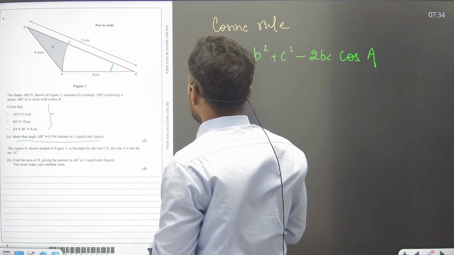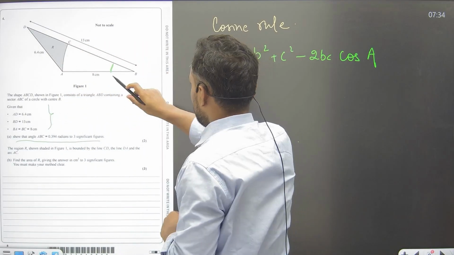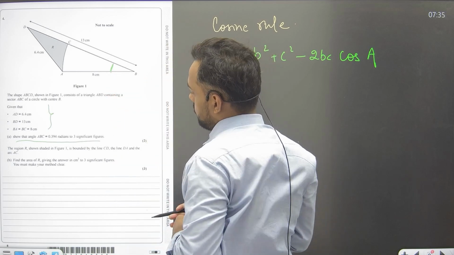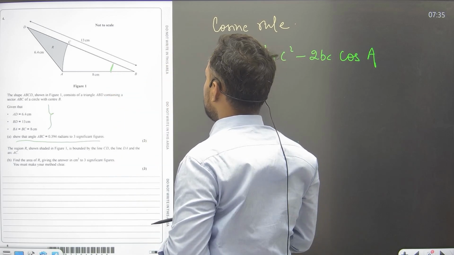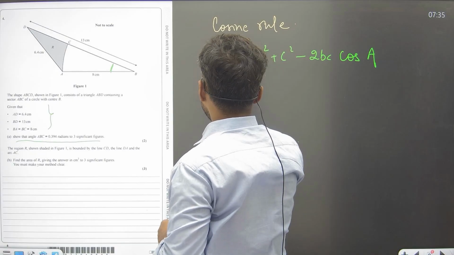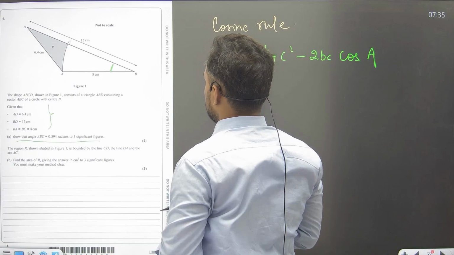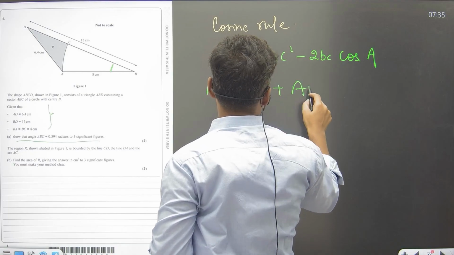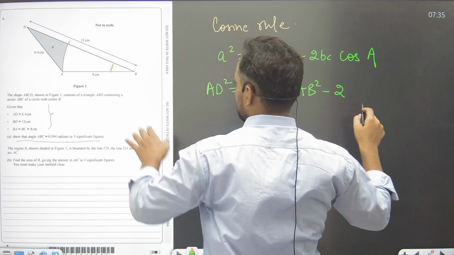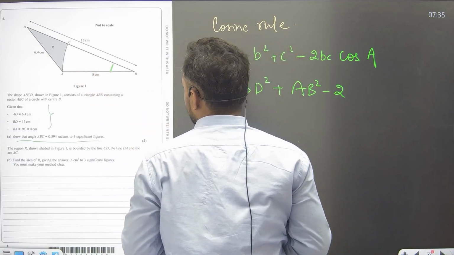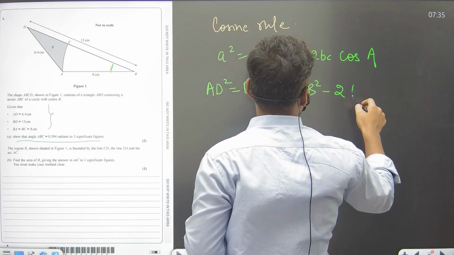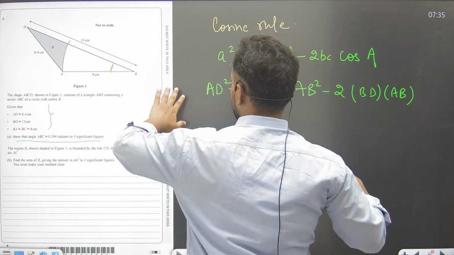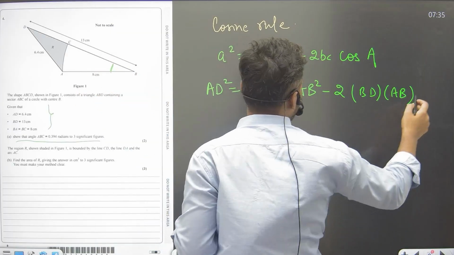So for this angle we are applying cos B. It will be AD square equals BD square plus AB square minus 2 times BD cross AB, cos of this angle B.